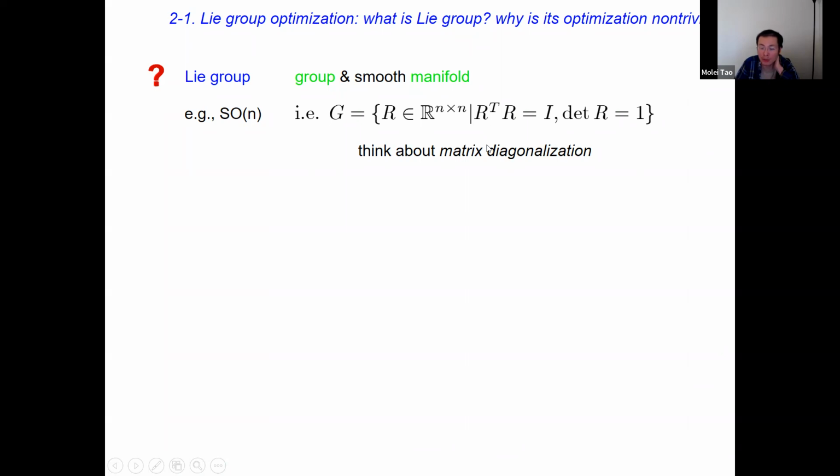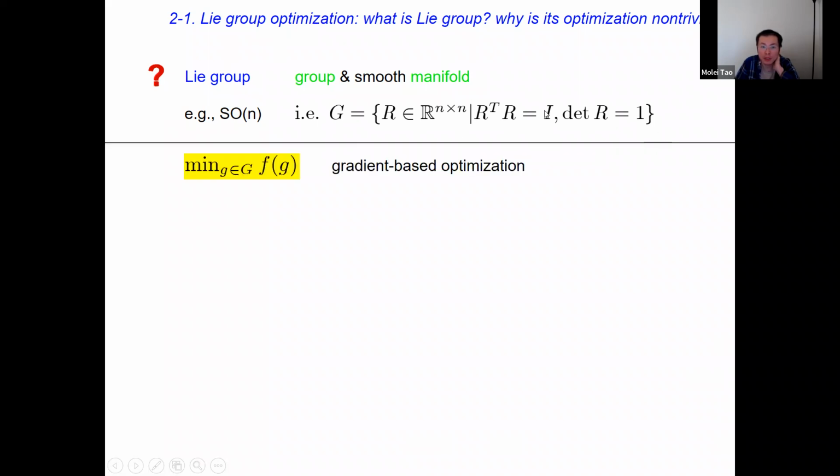So you can minimize the sum of the off-diagonal elements, or more precisely, the sum of their magnitudes. Hopefully that gives you some motivation about why you want to do optimization on manifolds such as Lie groups. And we want to solve this problem, again, using gradient-based approaches.